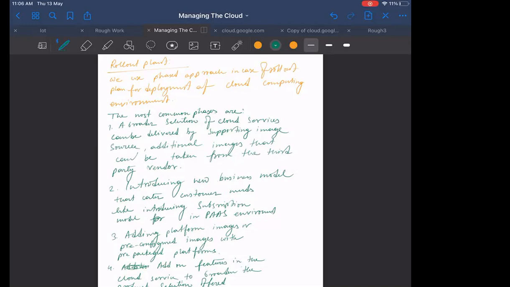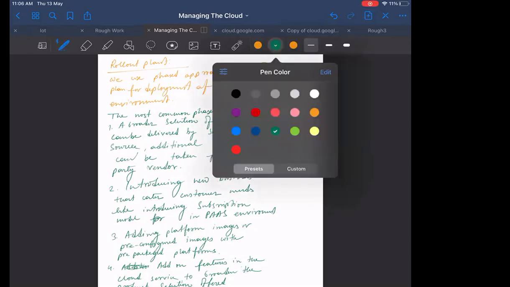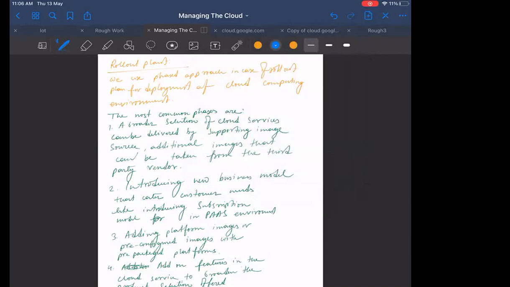Can you show such an example? Earlier I have told, in AWS it is available. Even you have done the practical also. AWS AMI. No, AWS AMI is the Amazon Machine Image.